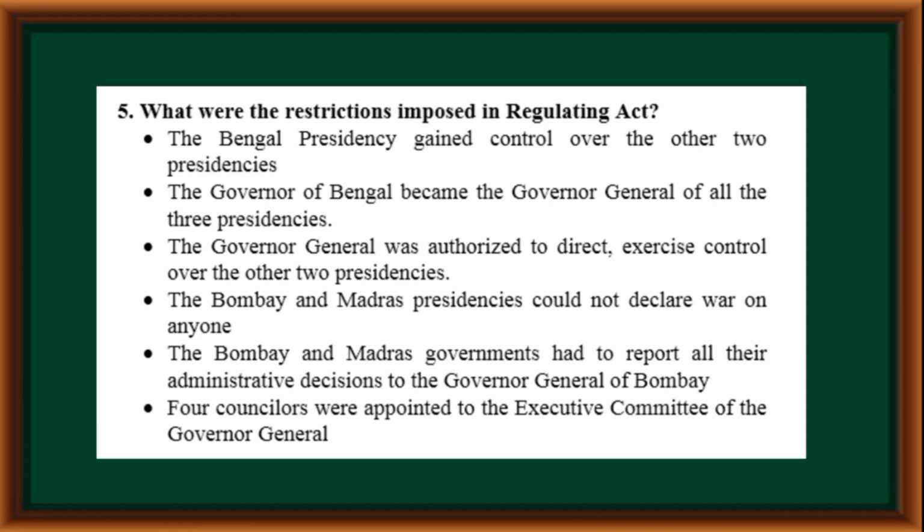The Bombay and Madras presidencies could not declare war on anyone. The Bombay and Madras governments had to report all their administrative decisions to the Governor General. 4 councillors were appointed to the executive committee of the Governor General.